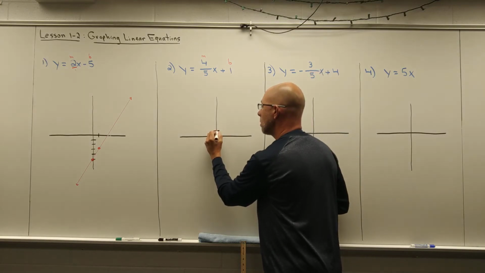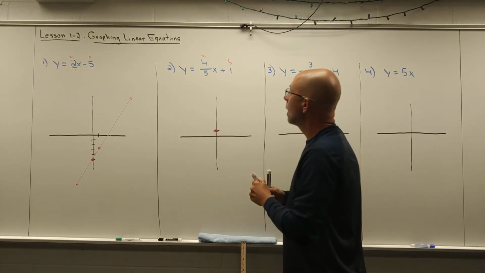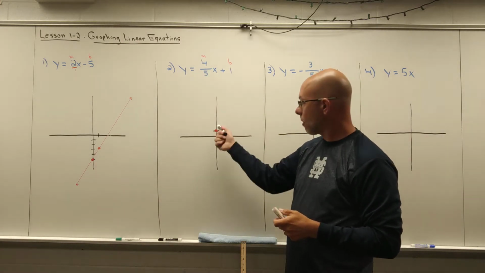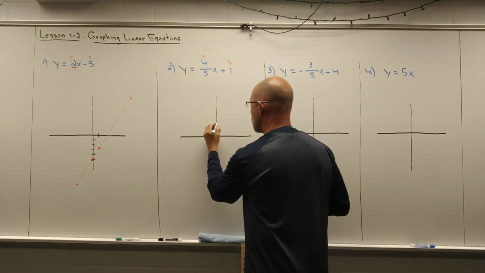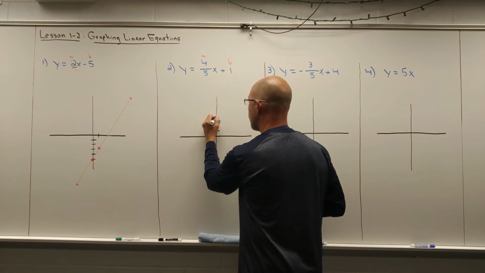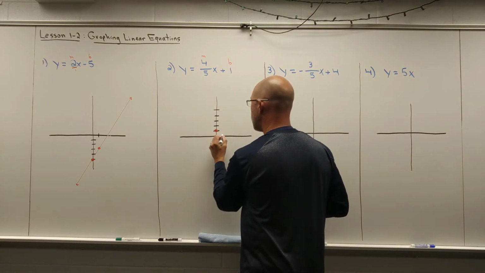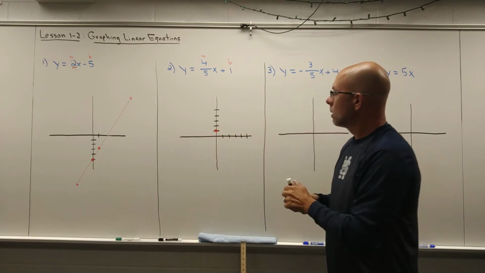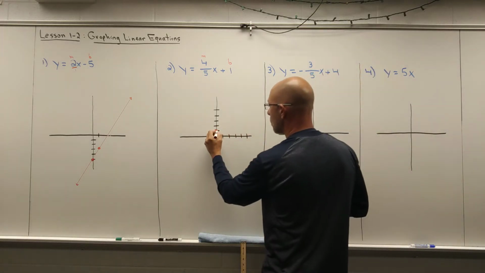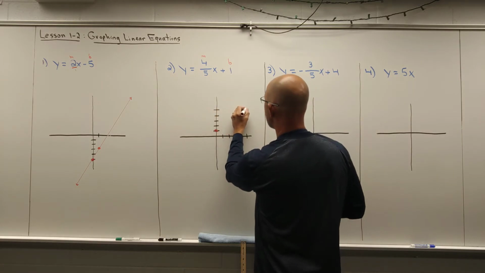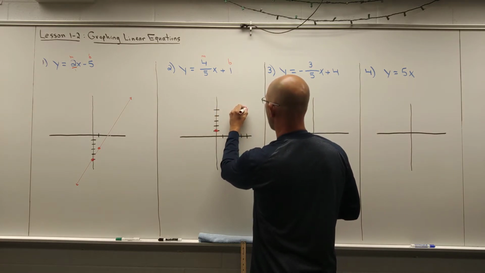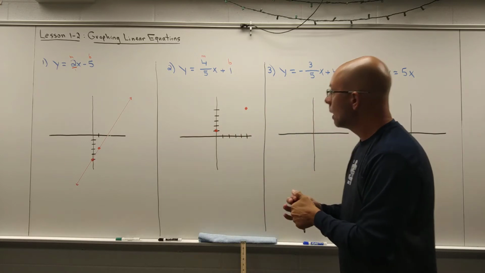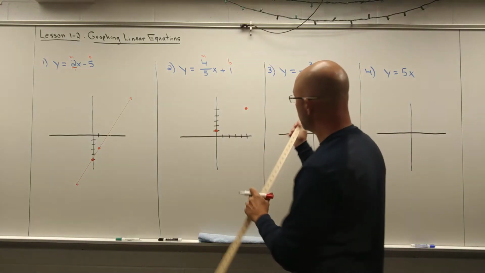That's the point 0, 1. And this is telling me to rise 4, run 5 from here. So I need at least 4 more and a 5 run. So from here, we rise 4 spaces, run 5 spaces, and we're right about there. And we can draw that straight line.